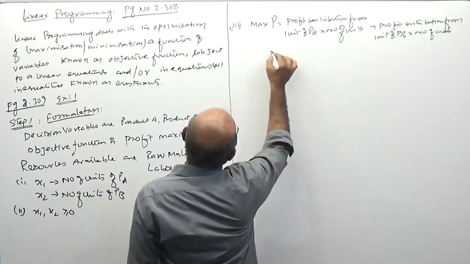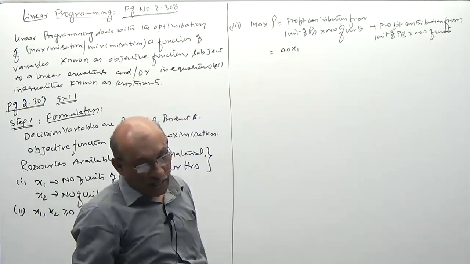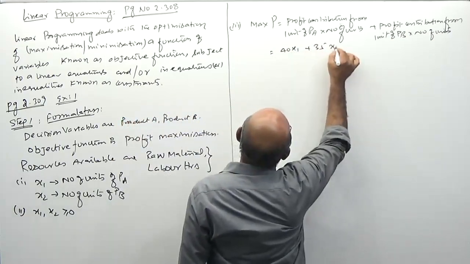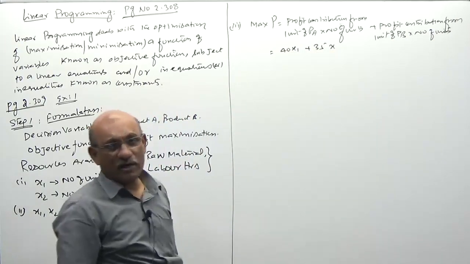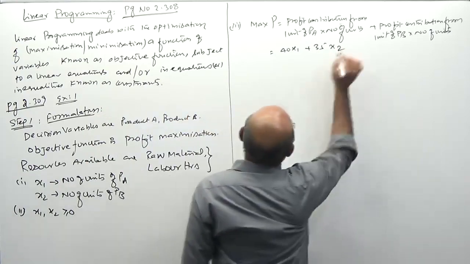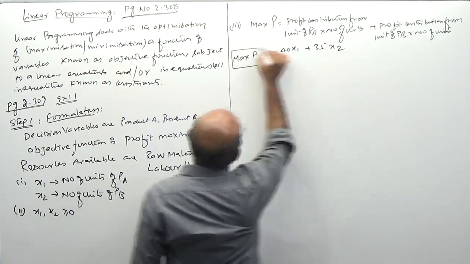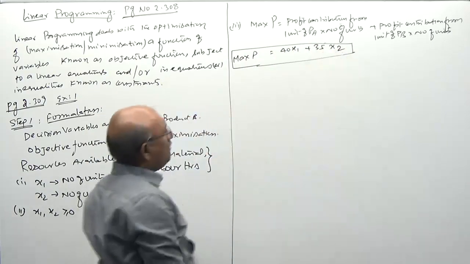So, profit contribution from 1 unit of product A is 40 rupees into X1 plus 35 rupees is the profit contribution from 1 unit of product B into X2. This is the objective function, maximize profit.